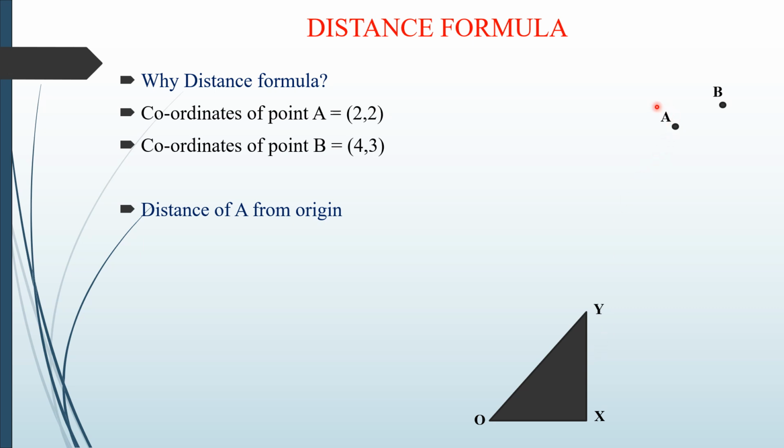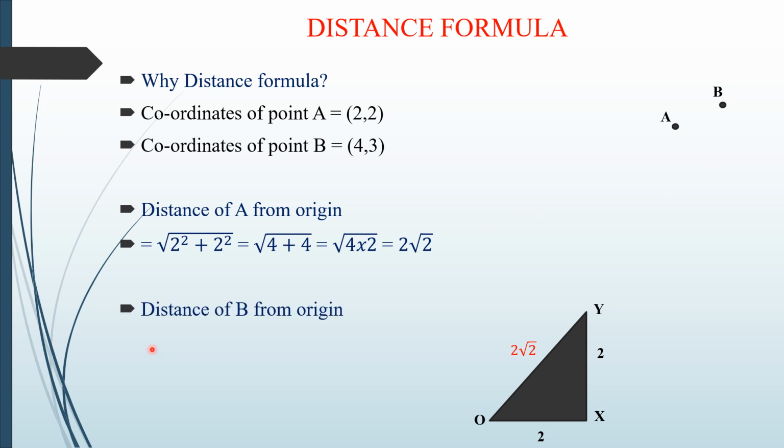Now if I ask you to calculate the distance of this point from the origin, that will be the straight line distance. You can apply the Pythagoras theorem and find this, that we already know. How do we do that? Square root of 2 square plus 2 square, that is 4 plus 4, that is 2 times 4. If I take 2 outside, that will be 2 root 2. Therefore, the distance of point A from the origin is 2 root 2.